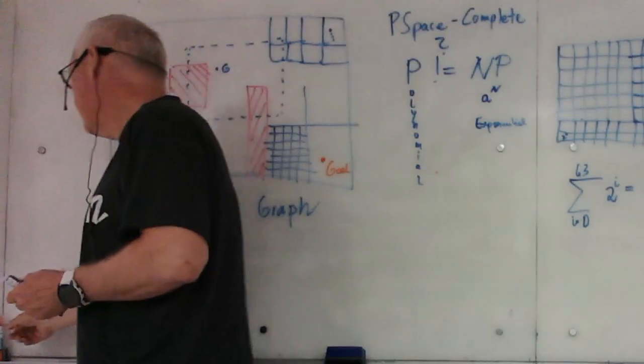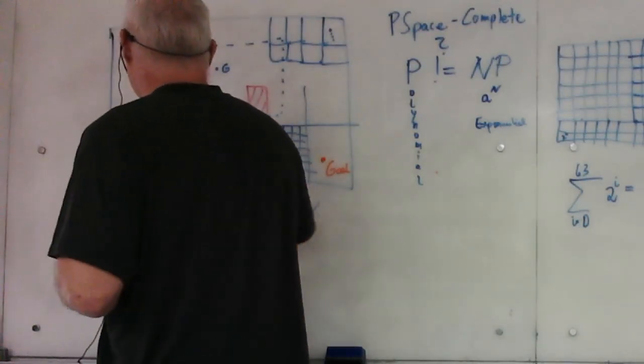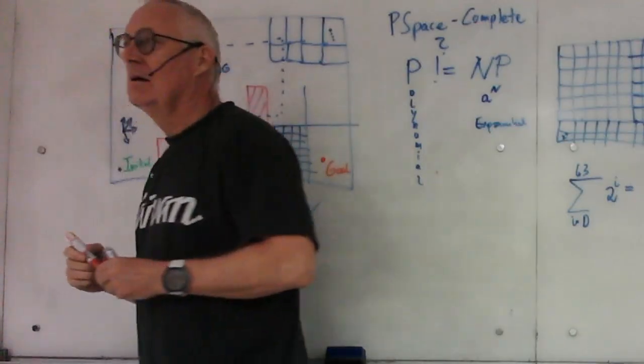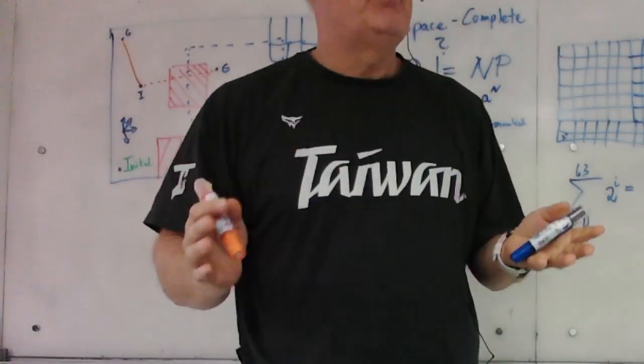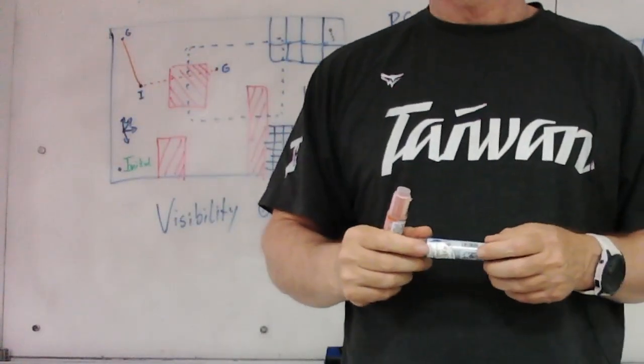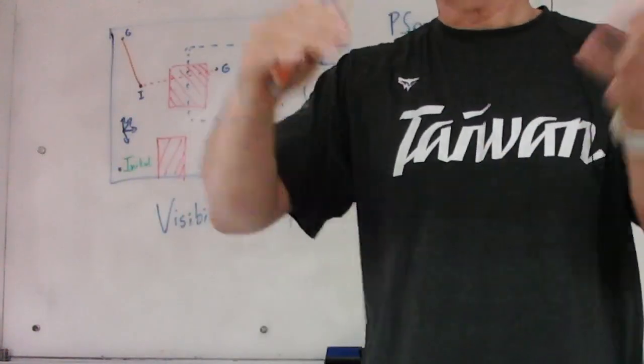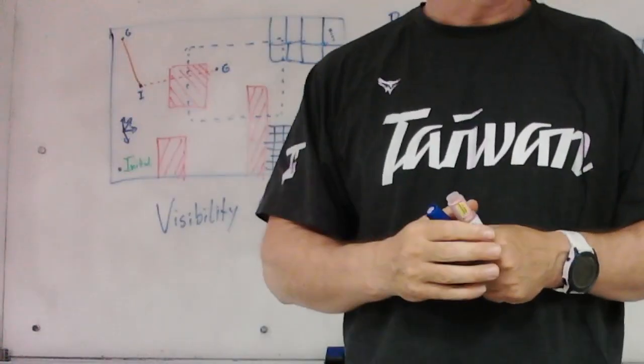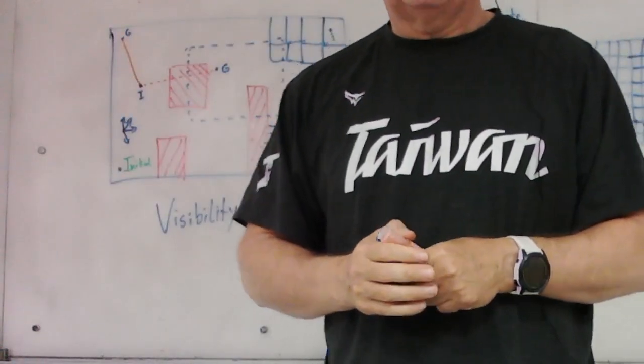The shortest path without an obstacle would be this, right? But that's not possible because there's an obstacle. If there's no obstacle, of course, all path planning is easy. Just go in a straight line.